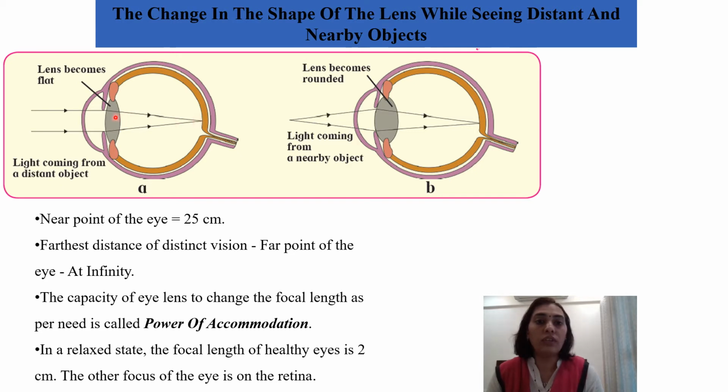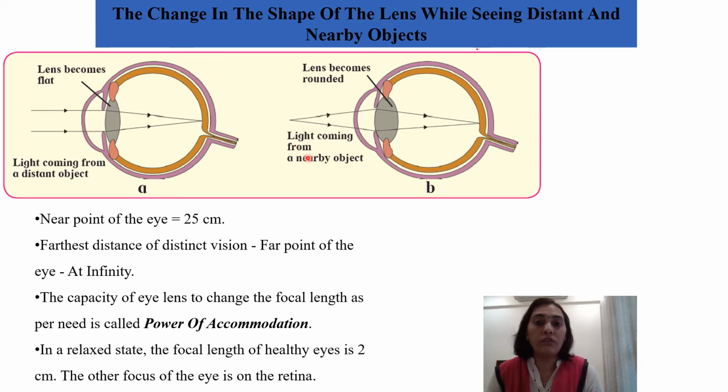So the focal length of the lens will increase. The second focus lies on the retina and we can see the distant object clearly. The lens has become thin so that the focal length can increase. So this is the change in the lens that is brought about when we are seeing a distant object.